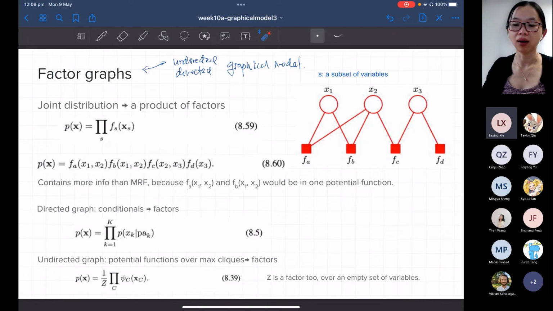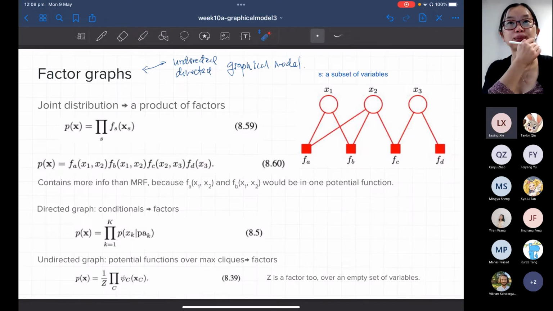For example, the p of x in this simple factor graph here, or simple 3-node graphical model here, can be represented as a factor about x3, a factor about x2 and x3, and a factor about x1 and x2, actually two different factors about x1 and x2.